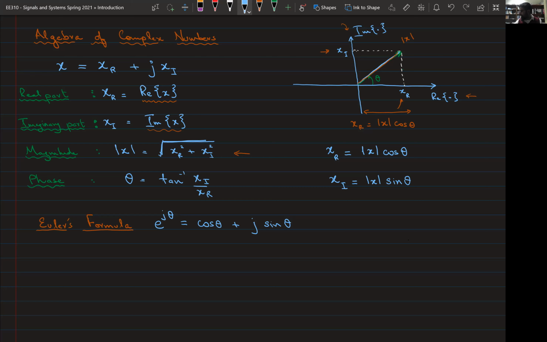Okay, so if e raised to j theta is cosine theta plus j sine theta, what I can then do is the following.